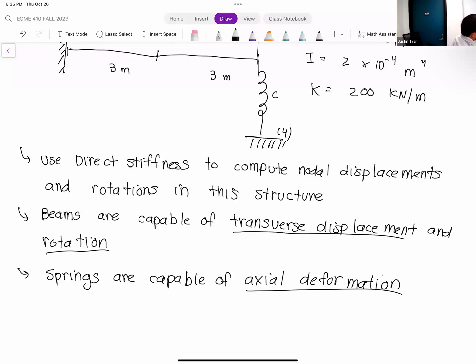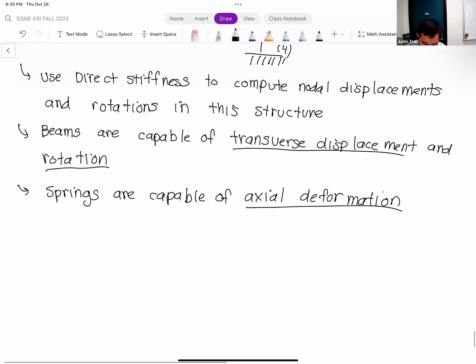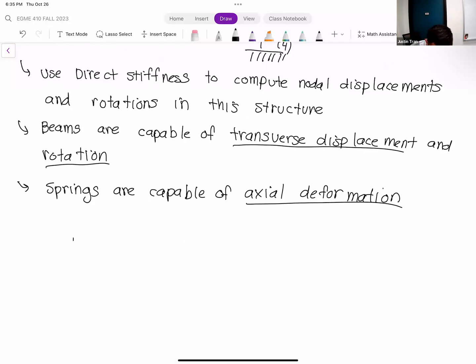I bring this up because when you have two elements put together and their degrees of freedom are incompatible, then it will be very difficult to solve, if not impossible. So for example, let's say that we have a beam.